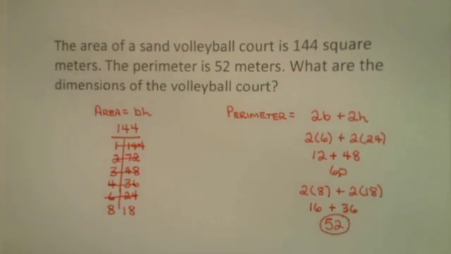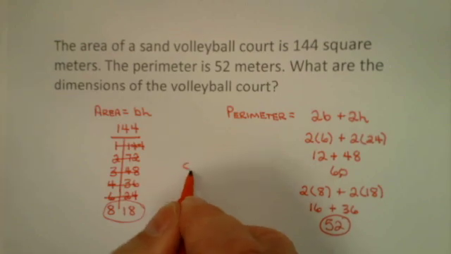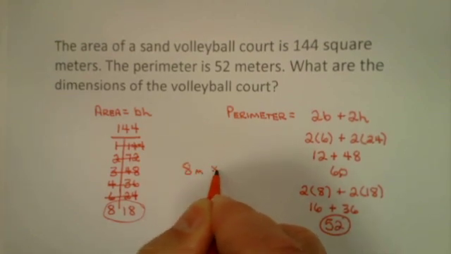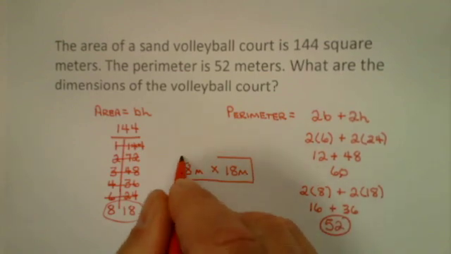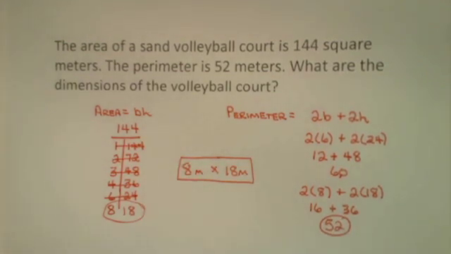Those are the two numbers I'm looking for. These are my two numbers. This is an 8 meter by 18 meter area of this volleyball court.